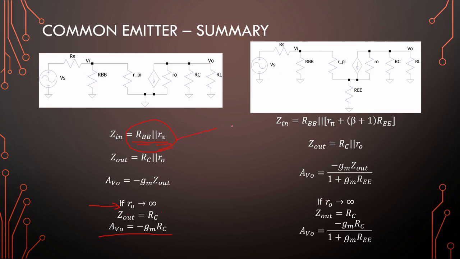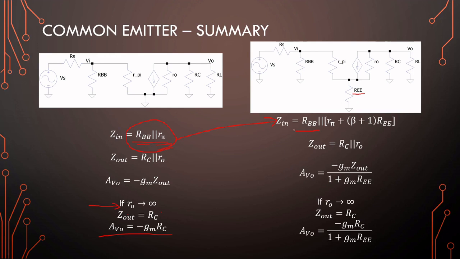Choosing input impedance becomes easier when using the extra emitter resistor. Note here that I use REE, so that is a combination of resistors on the emitter. And I also use RBB, same reason as this side.